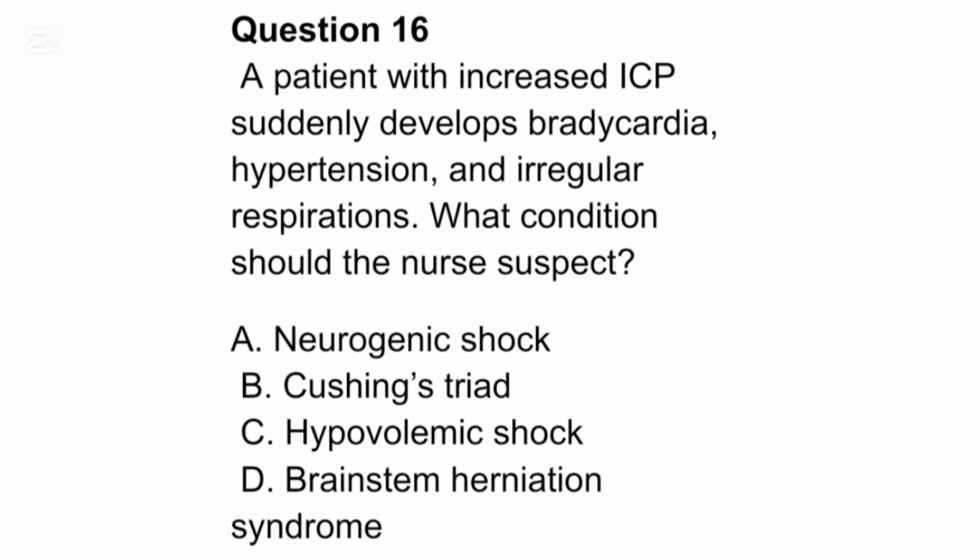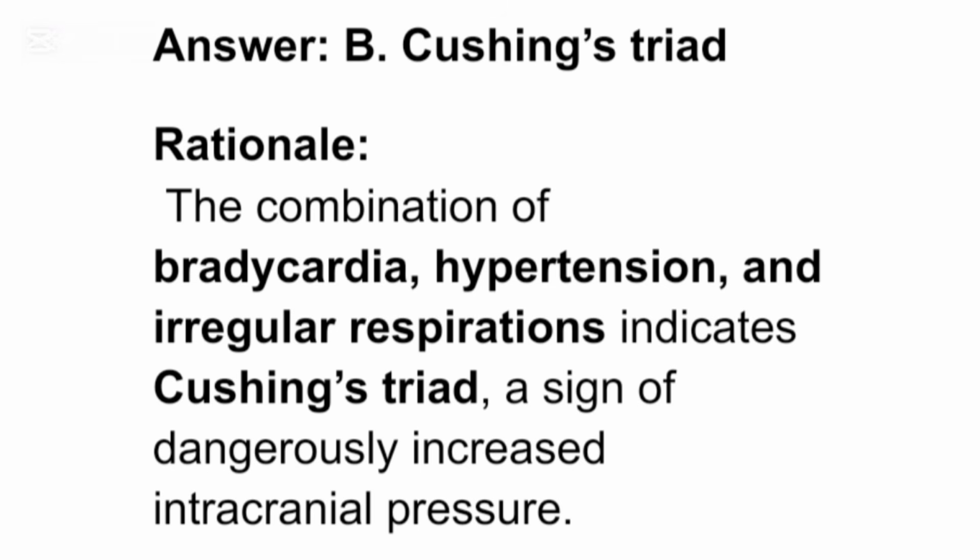D. Brainstem herniation syndrome. Answer is B. Cushing's triad. Rationale: The combination of bradycardia, hypertension, and irregular respirations indicates Cushing's triad, a sign of dangerously increased intracranial pressure.